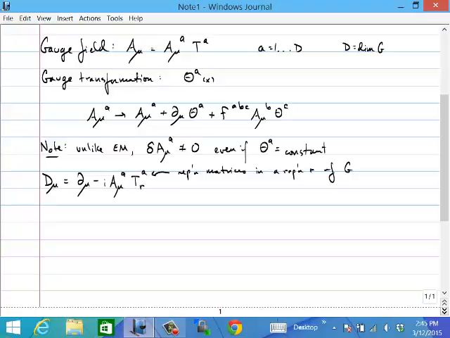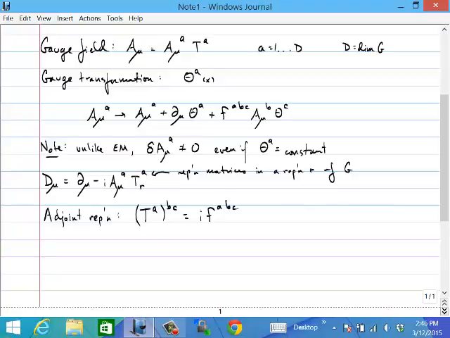One interesting representation is known as the adjoint representation. That is a d-dimensional representation where the representation matrices T^A are now d by d matrices whose entries are just given by the structure constants of the group.